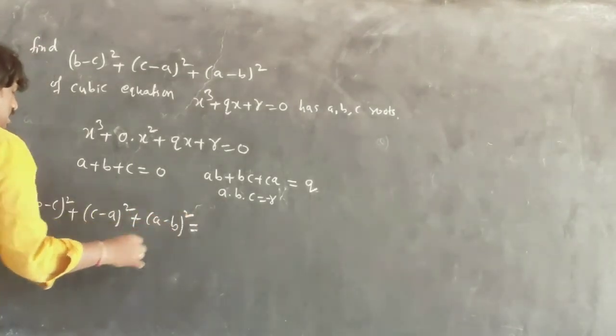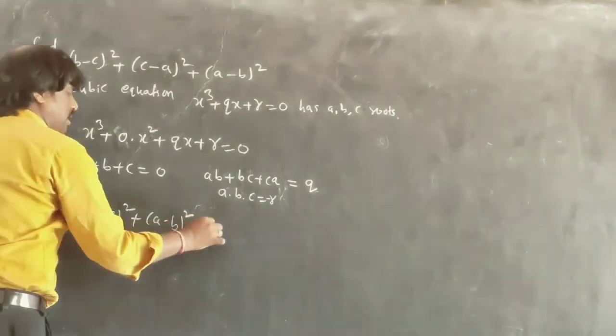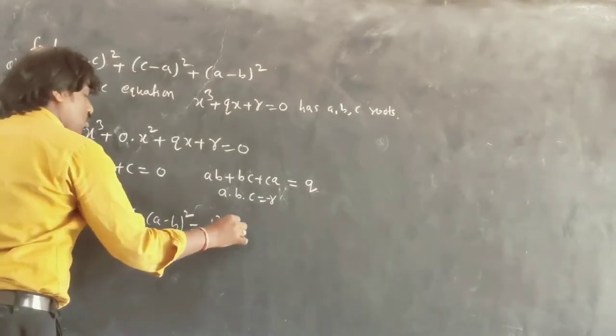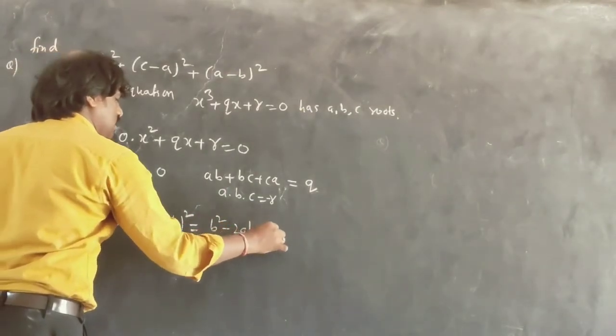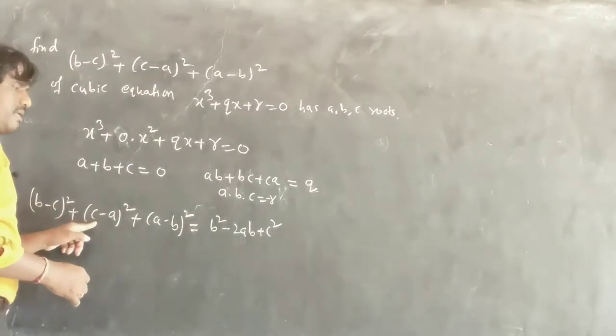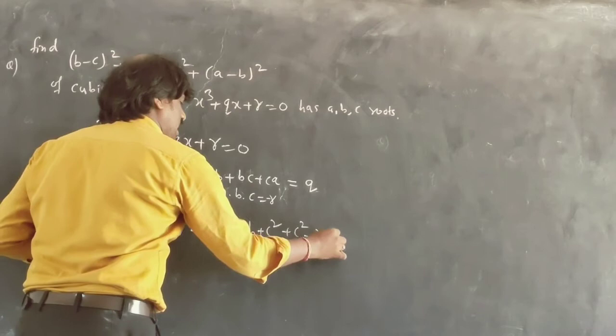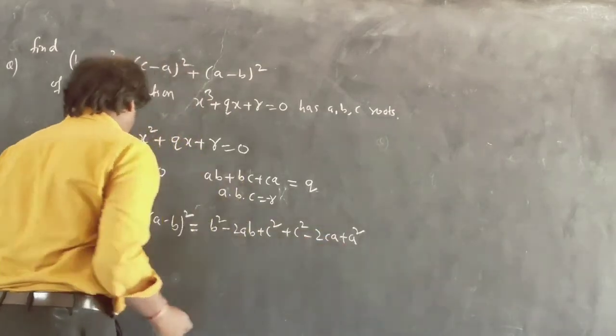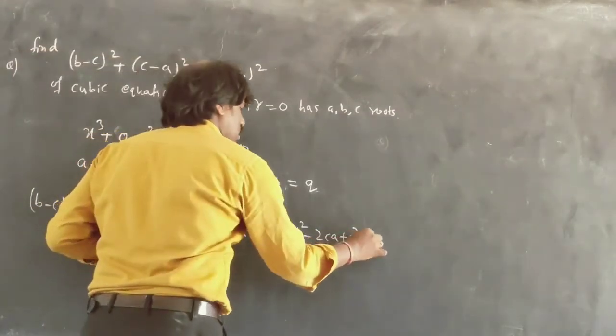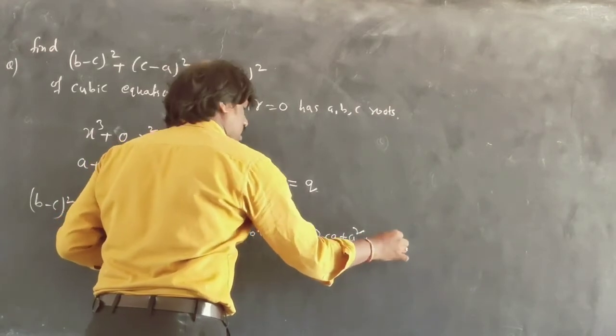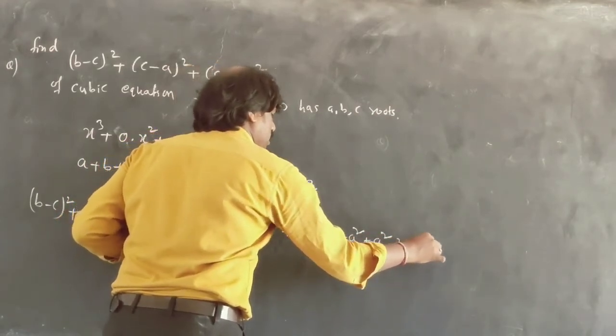This can be written using the formula for (b minus c) whole square as b square minus 2bc plus c square. And (c minus a) whole square is c square minus 2ca plus a square. And (a minus b) whole square is a square minus 2ab plus b square.